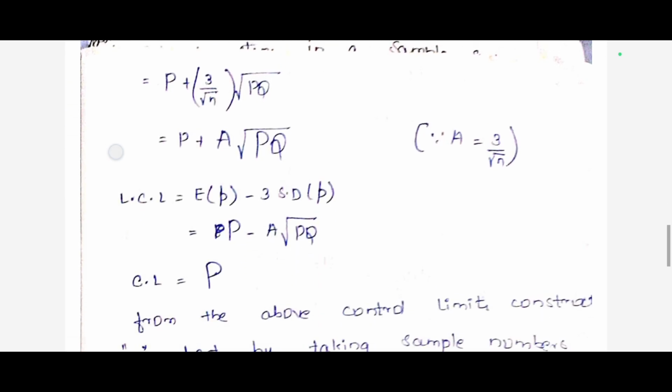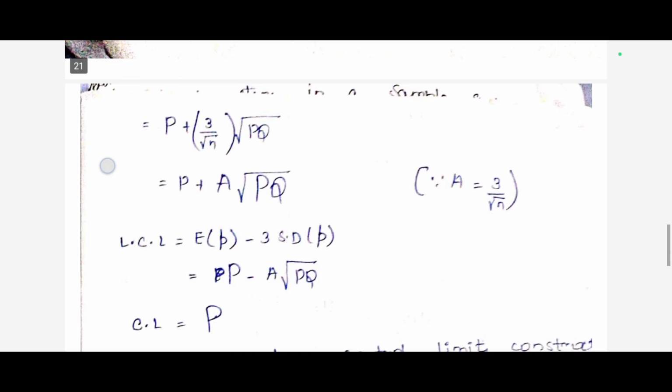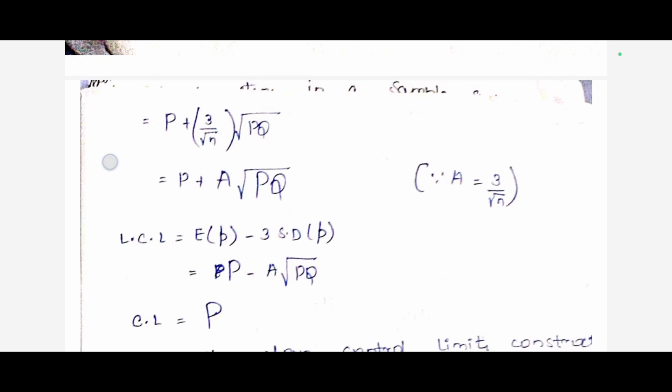Now construct the 3 sigma control limits for this. UCL is equal to expected value of small p plus 3 into standard deviation of small p. What we got here is capital P plus 3 into under root of PQ divided by n. Now see, 3 divided by root n gives you a constant value A, which is our table value.